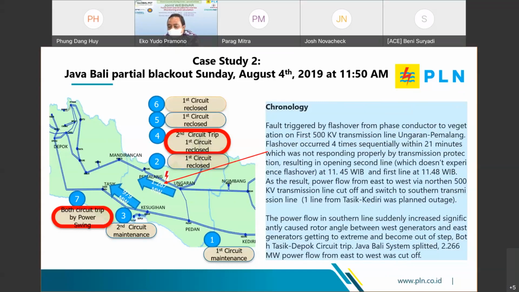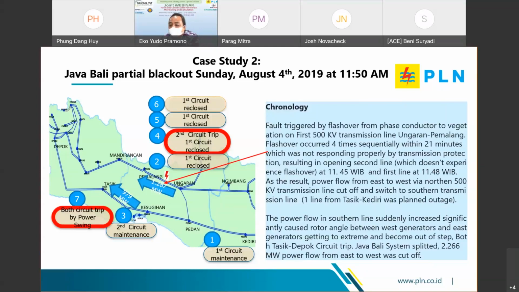At the same time we had a planned outage on Tasik Kesugian because of scheduled transmission maintenance. So when the 2 circuits from Pemalang and Ungaran tripped, only 1 circuit, Tasik Kesugian, was still connected.